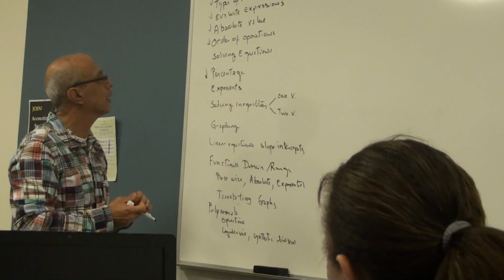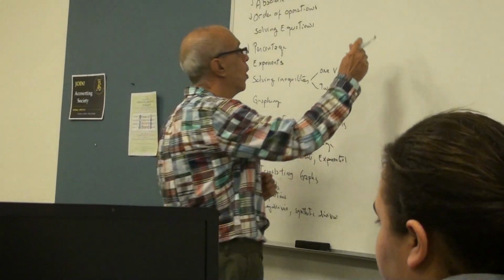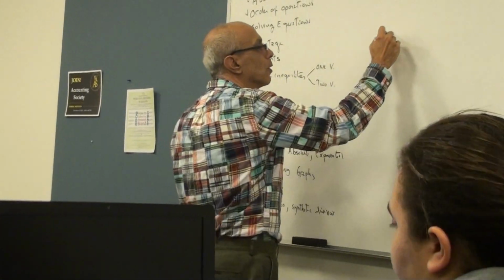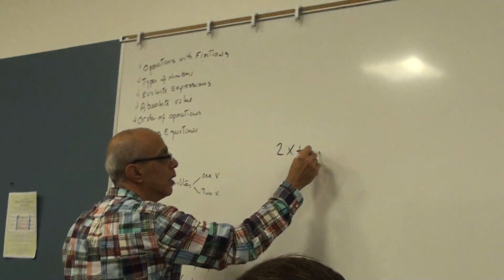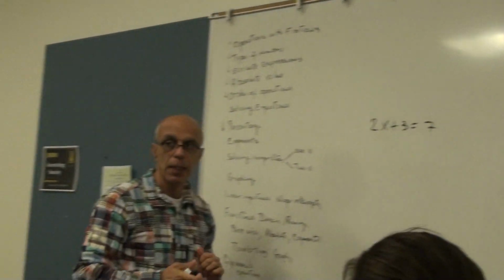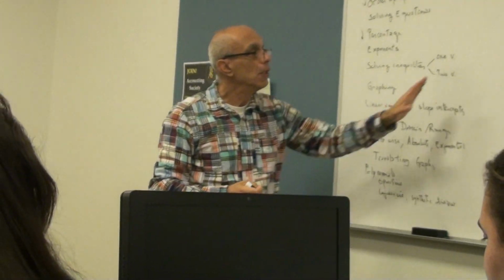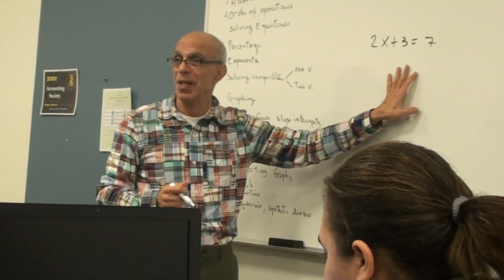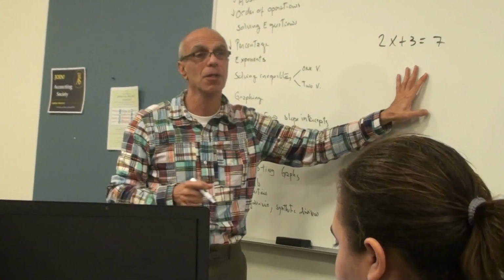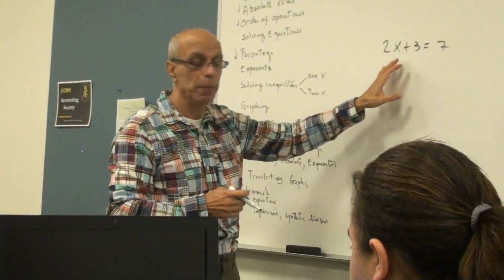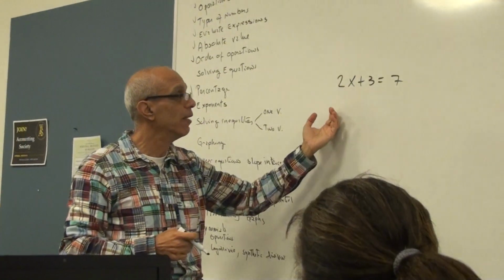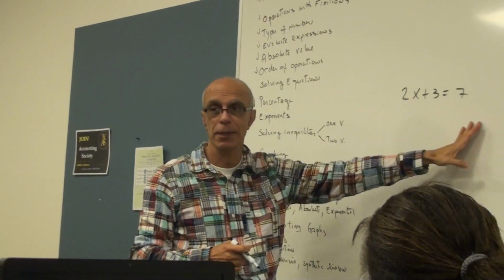So the next is how to solve an equation. Well, solving equations like 2x plus 3 equals 7, all right? Then you need to know properties of equality. You have to learn all those. Basically, properties of equality is whatever you do on the left side, you need to do on the right side.